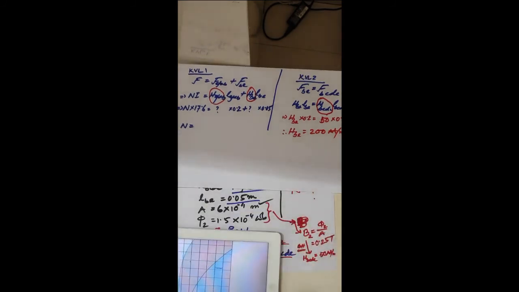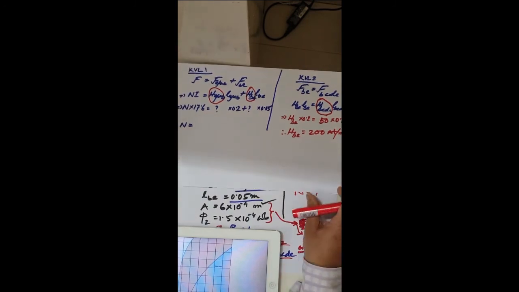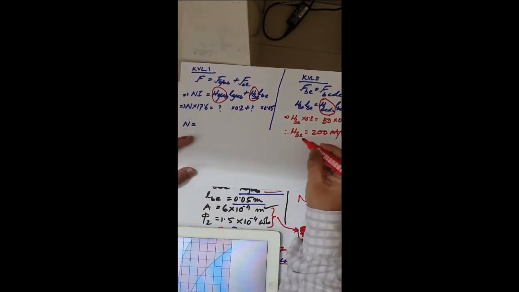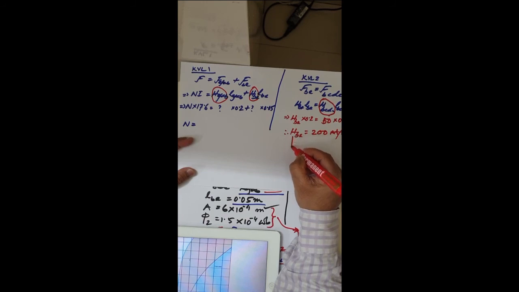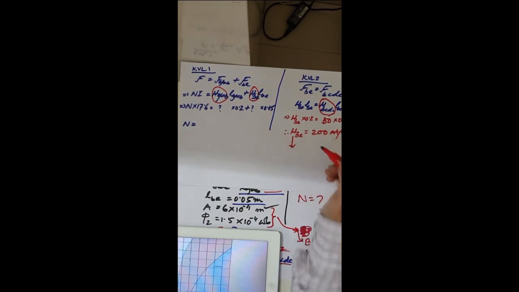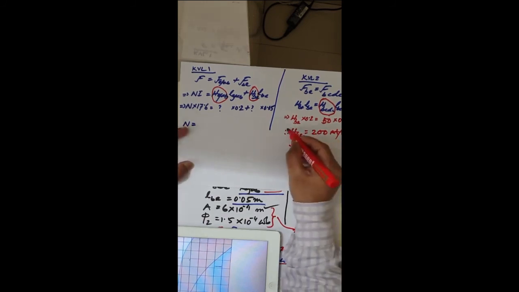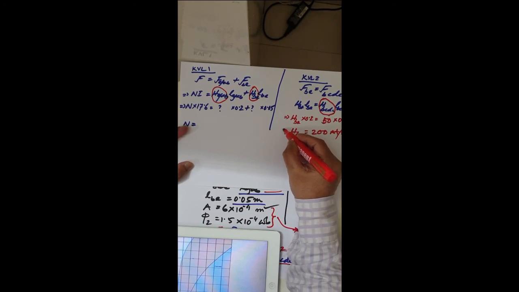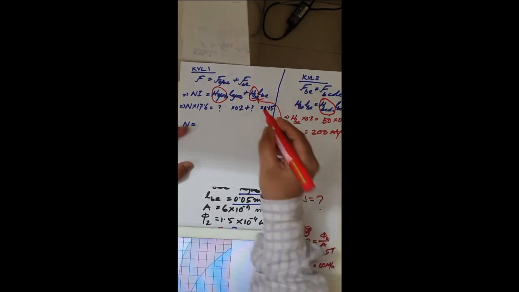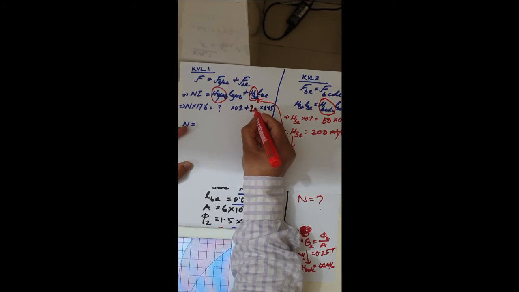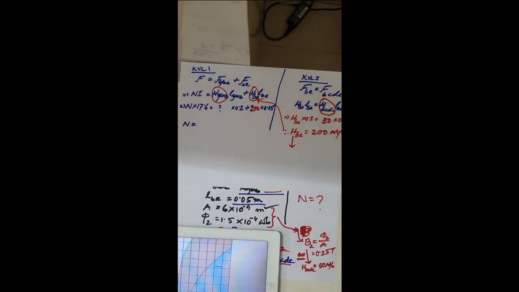If it gives you 200 ampere turn per meter, one thing you can do, you can straight away substitute this value here. That means you are going to put here 200 ampere turn.